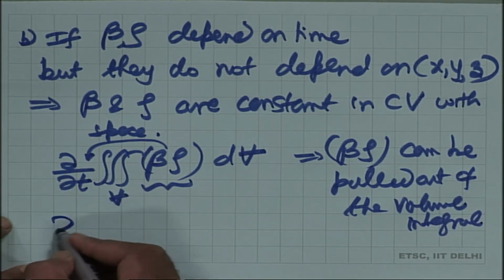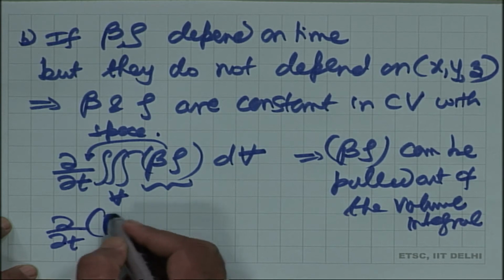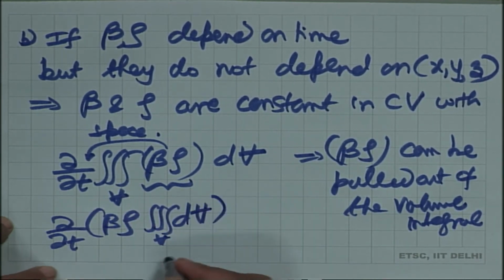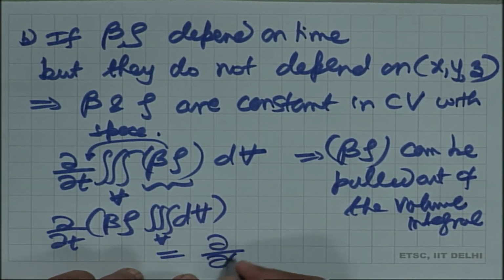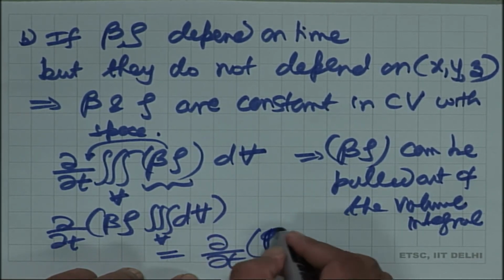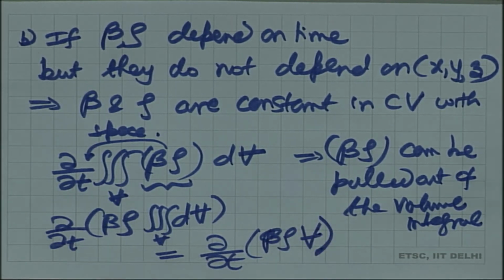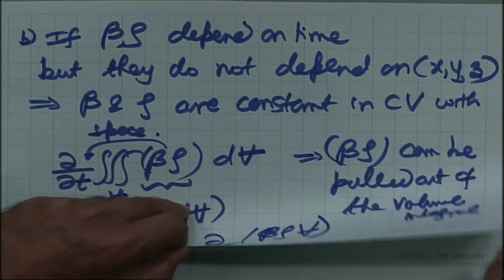So, this becomes equal to d by dt of beta rho times volume integral dV, and this becomes equal to partial by partial t of beta rho times the total volume. And so, even if the control volume is changing with time, but if things are not changing with space, then you will get the simplification of the first term as partial by partial t of beta rho V. So, this is also another way how we can do it.